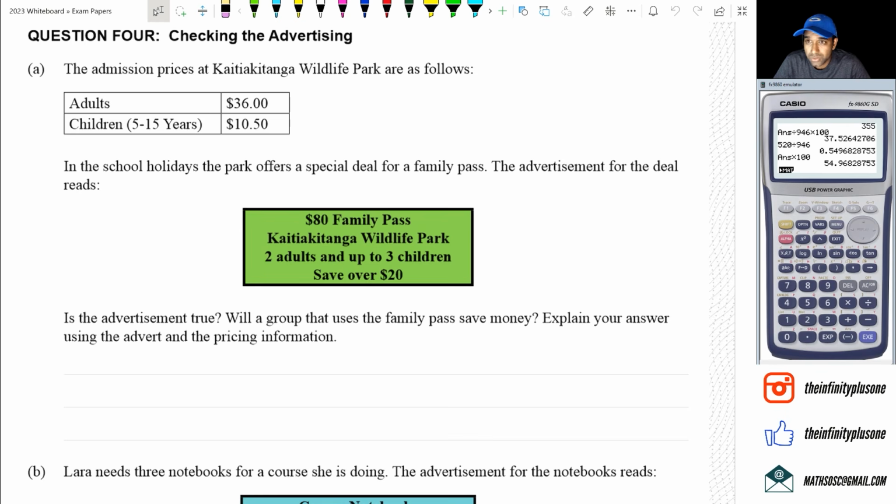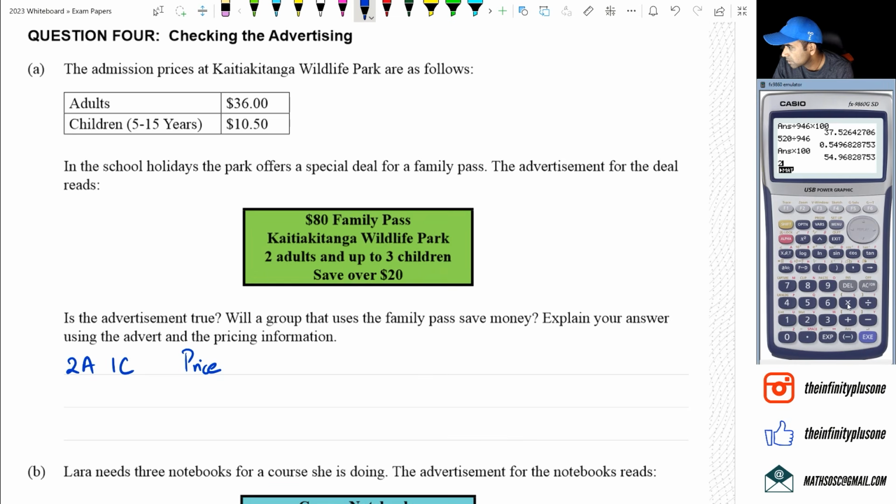I'm going to use the situation with myself, so we've got 1 kid, 2 adults. If we were to go to this particular park, we are looking at situation 1, which is 2 adults and 1 child. The price for this is 2 times 36 plus 10.50, which comes to $82.50 for 2 adults and 1 child.